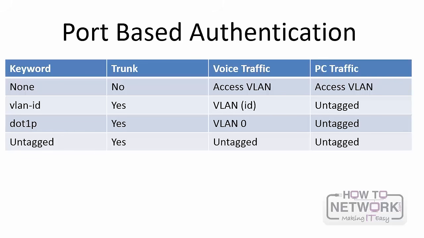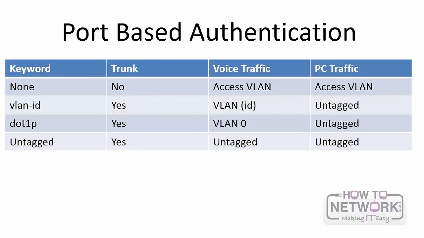There are four different types of trunking modes that you can choose from, as you can see here. The default mode is none, where no trunk is used. All modes except for none use the 802.1q trunk.